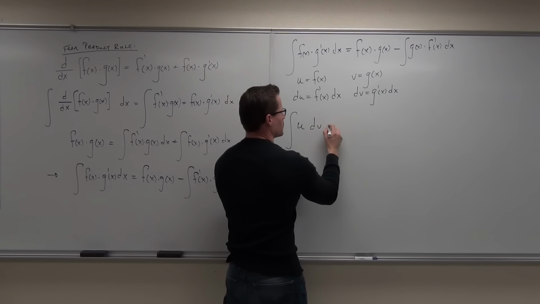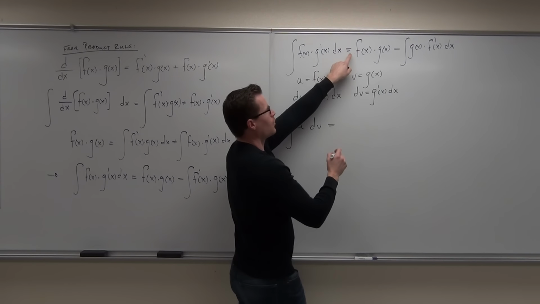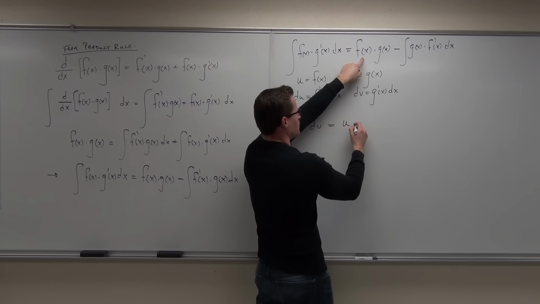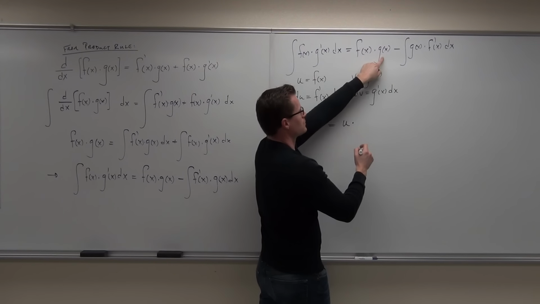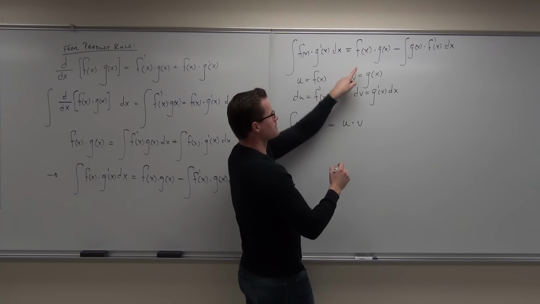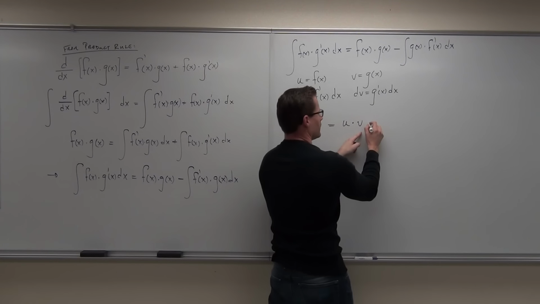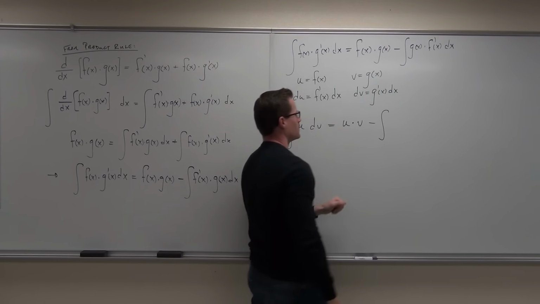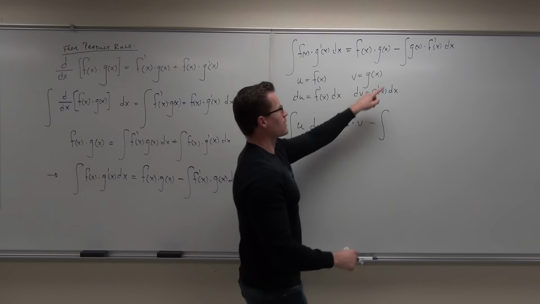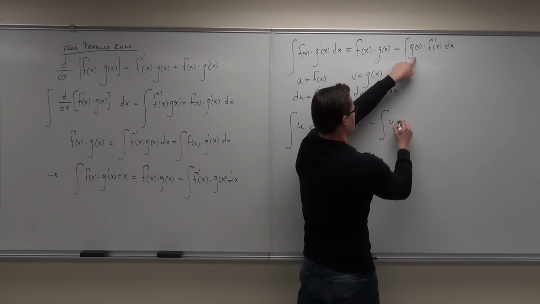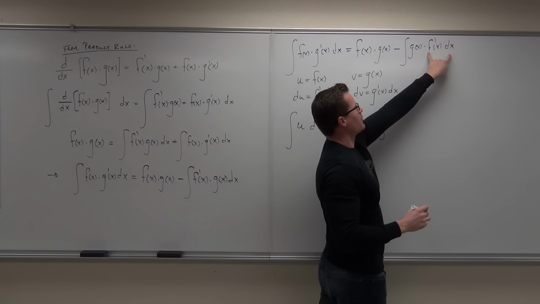Yeah. Equals. What's our f of x again? u. What's our v? So f of x is u times g of x is v, minus the integral. What's our g of x? v. Now this is kind of cool. What's our f prime of x dx?